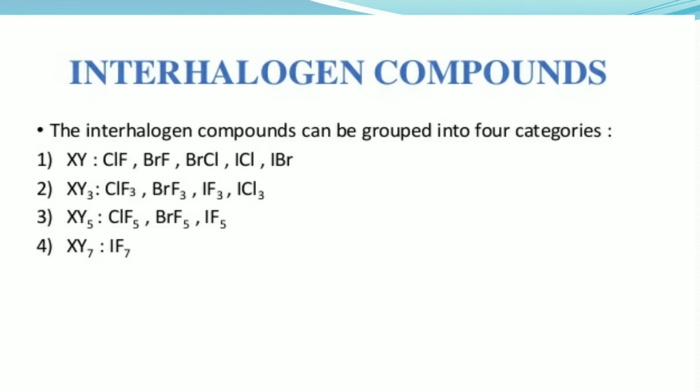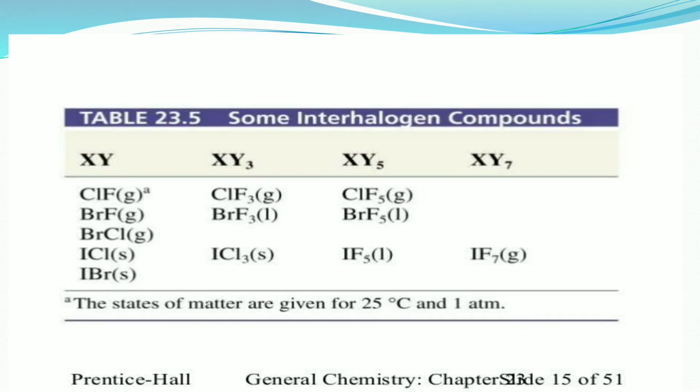Let me learn the types of interhalogen compounds. These are divided into four types: the first XY, second XY3, third XY5 and the fourth type XY7. The XY type has different examples: ClF, BrF, BrCl, ICl, IBr.